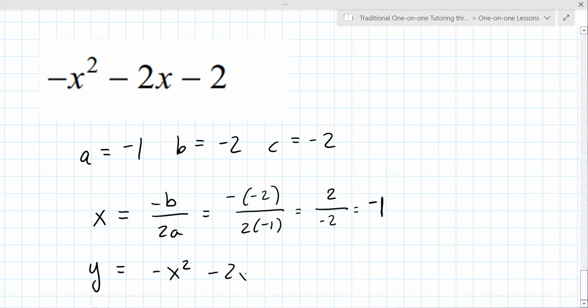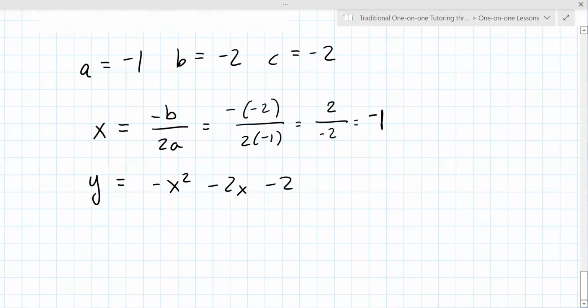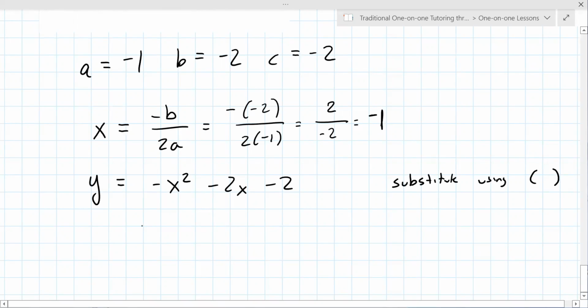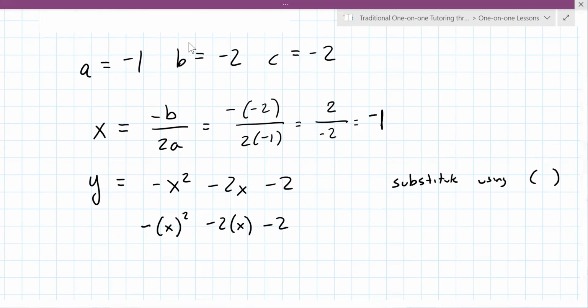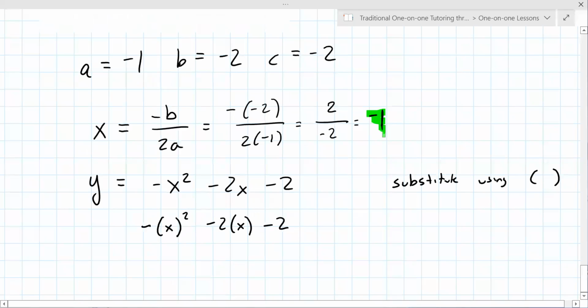Okay. Now you've heard me mention this a few times, but whenever you substitute, it's best to substitute using parentheses. Okay, and I'll try to explain what I mean by putting x in parentheses here. So when you take this -1, you're going to put it wherever x is, but in parentheses.